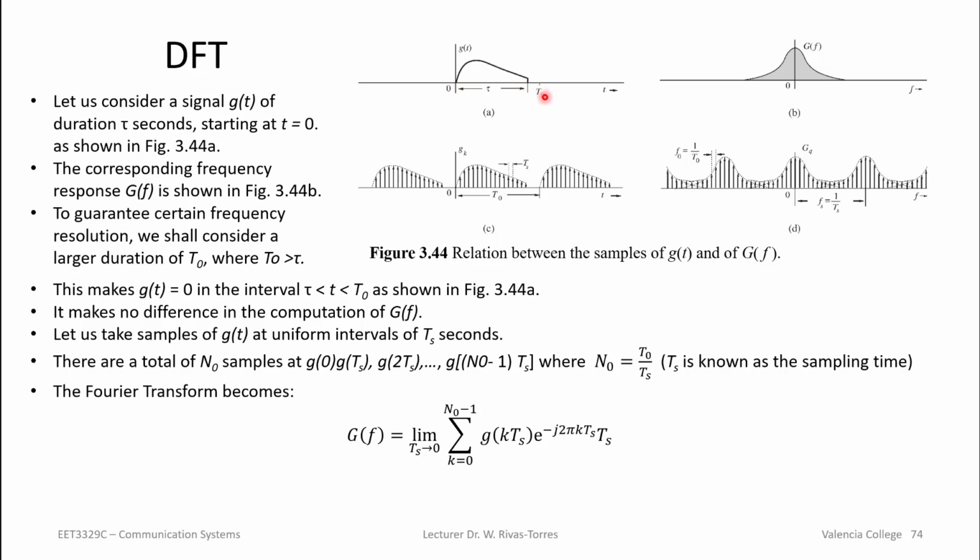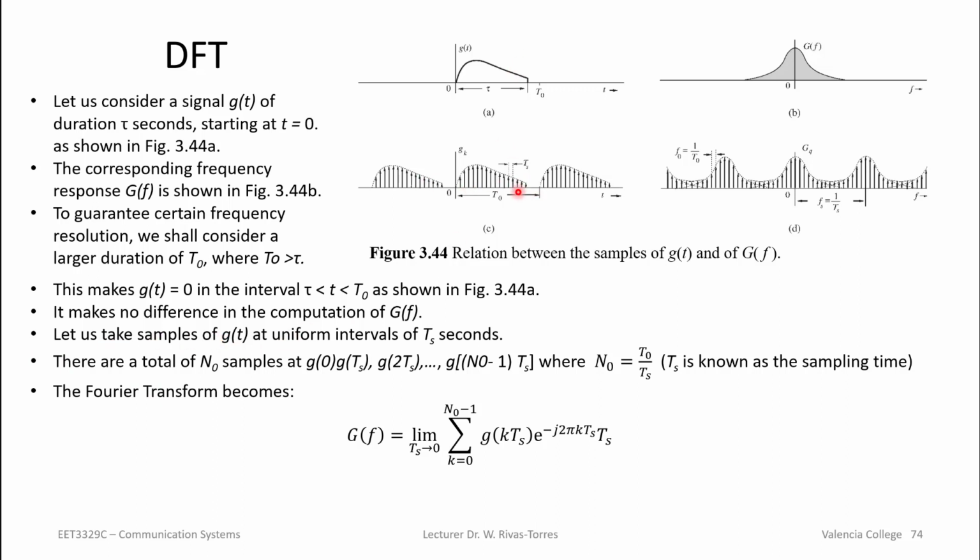It's actually larger than tau. So what happens is we're going to make g of t equal 0 in the interval between tau and t0. So this little piece of the signal shown in this graph, that part is just 0. Okay? Now we can make samples of g of t, right?